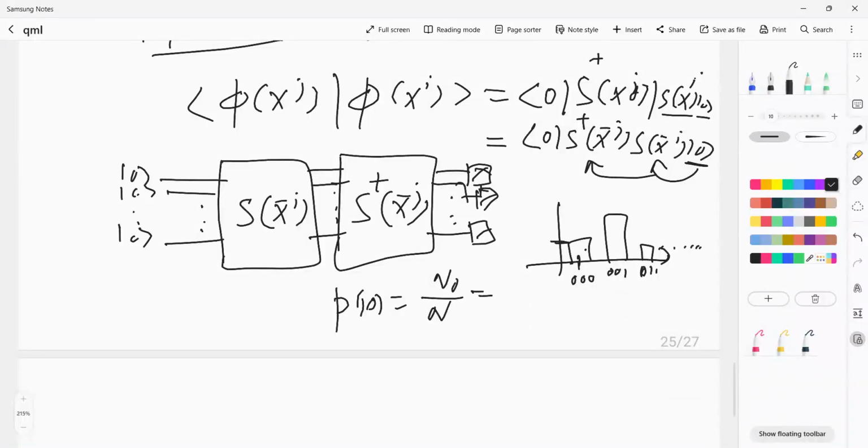So this is nothing but the probability of getting 0. So we can compute this kernel by implementing a feature transformation here and the inverse of the feature transformation for another point over here. And you can easily see that if xi and xj are the same, since this is s dagger, this product should be unitary, so I should get 1 if both points are the same.